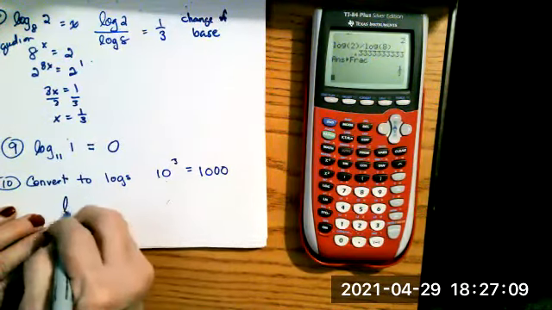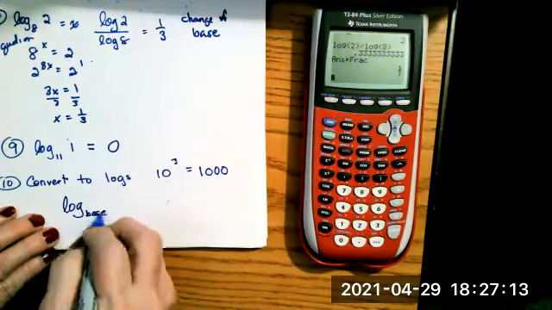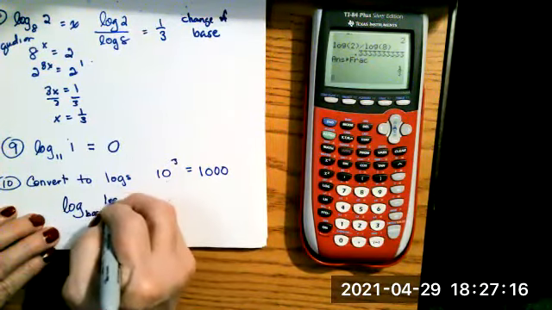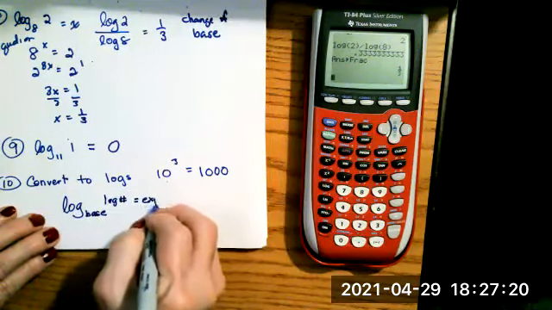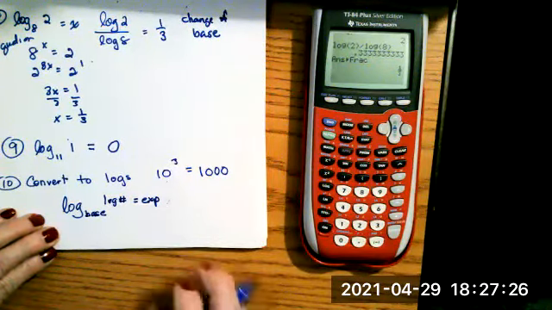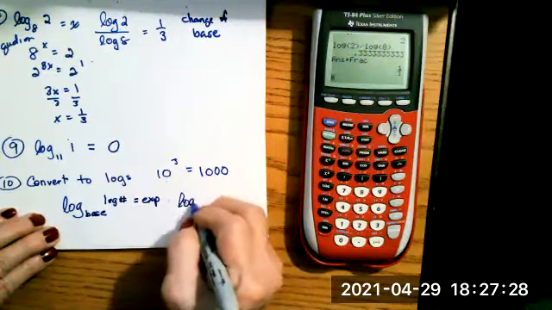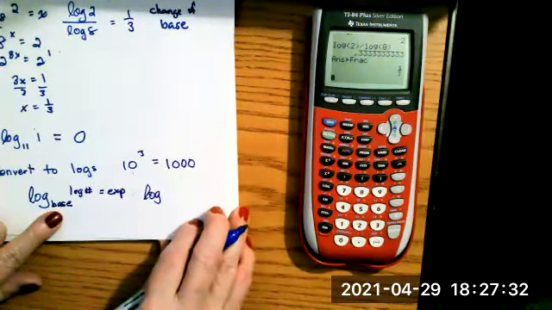But we were going to try to get it to some form where it has a little base down here and a log number here. And over here is going to be your exponent. That's the way that's going to look when I get through with it. So I'm going to write it as log. And what is my little base number going to end up being for this problem?